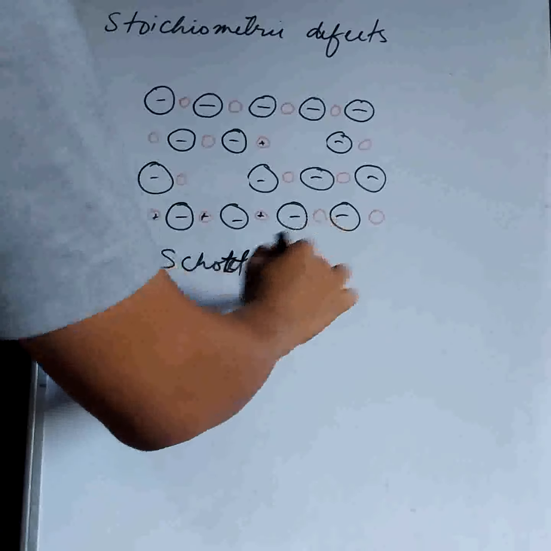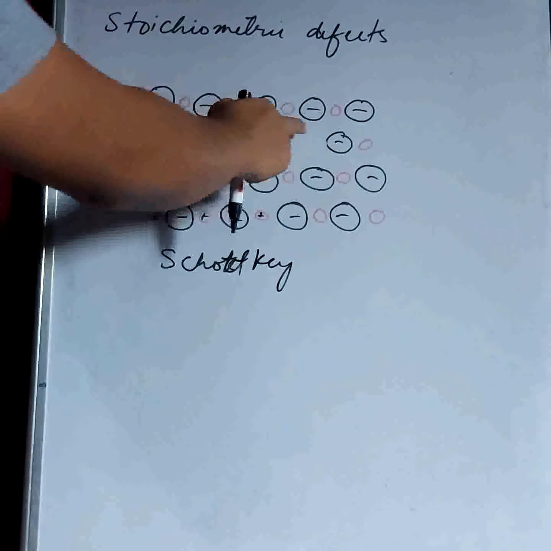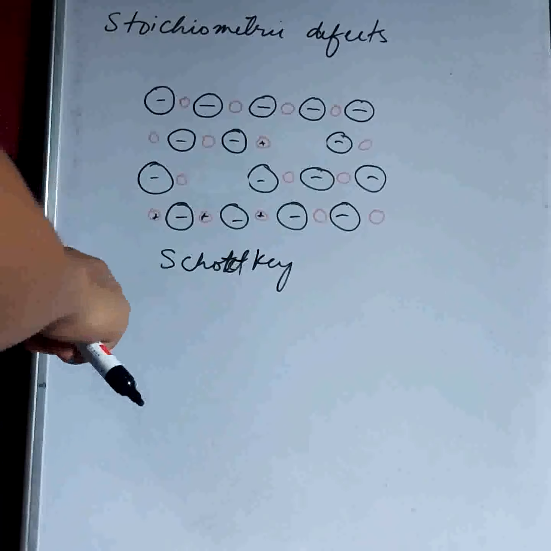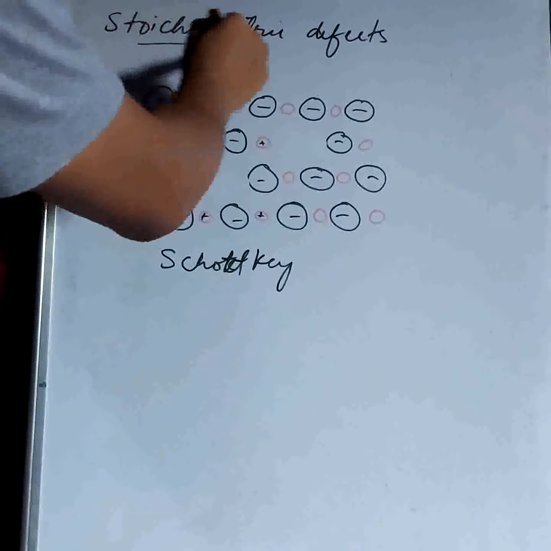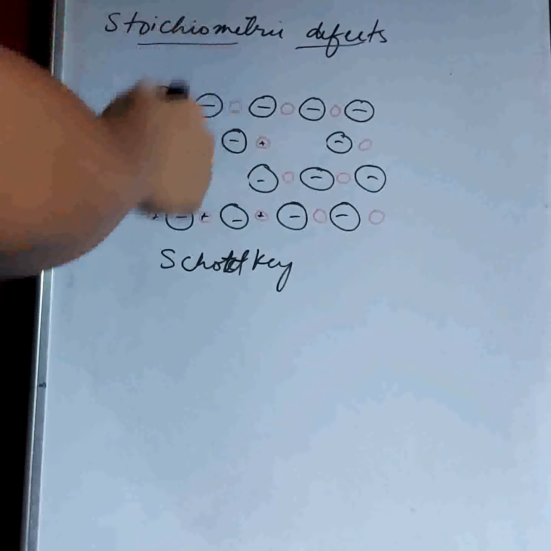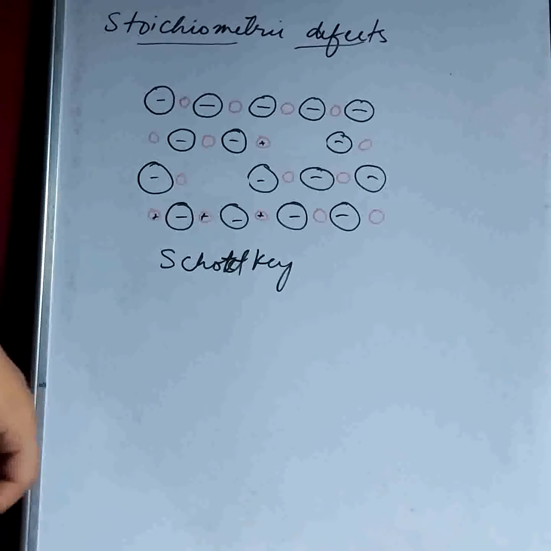Schottky defects, and those missing points will be equal. That's why it's called stoichiometric. The missing ions will be in stoichiometric amounts. That means equal amounts, even amounts.